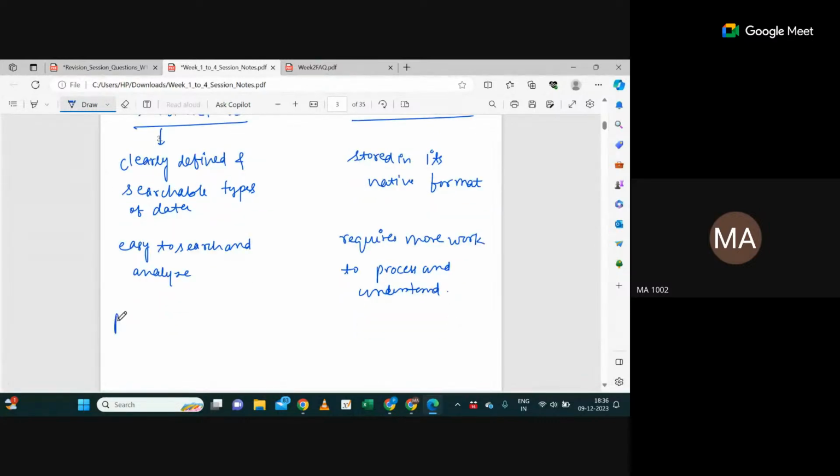Structured data is in a predefined format, and unstructured data comes in a variety of formats. There is no predefined format.